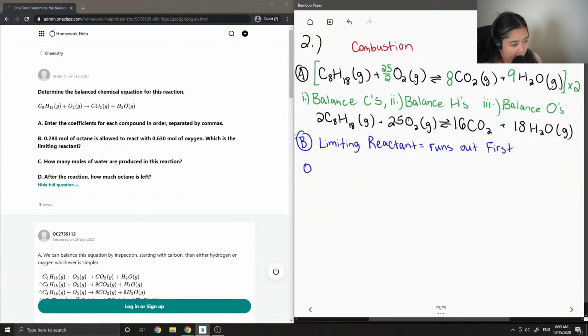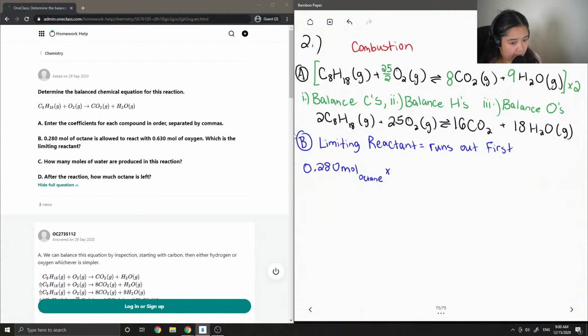So we have 0.280 moles of octane. And now I'm going to multiply this value by the mole ratios in order to find out the number of moles of water that is produced.